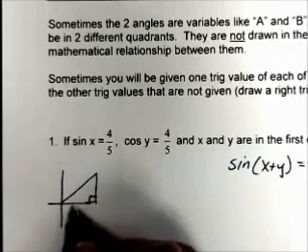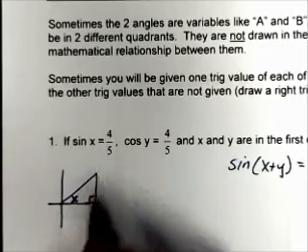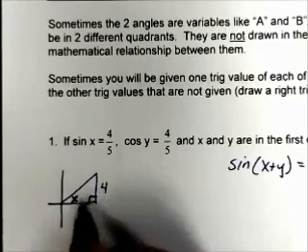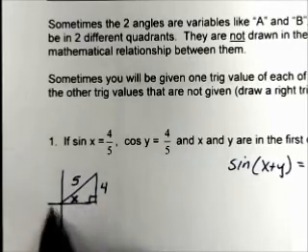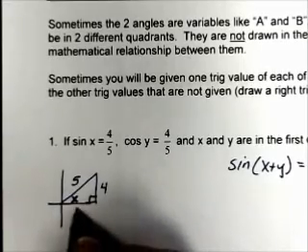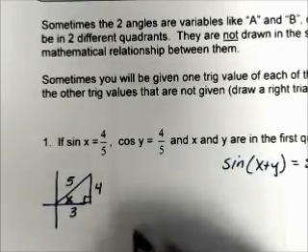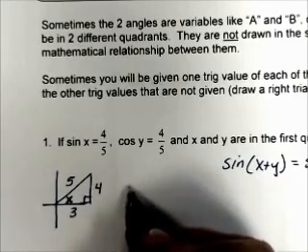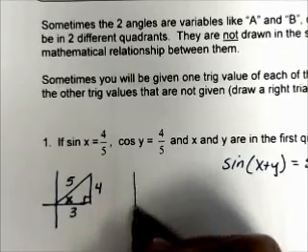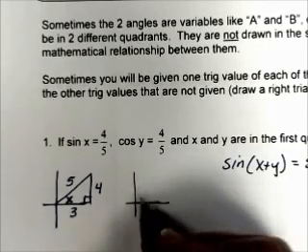So I would draw a right triangle in quadrant 1, right? Make sure you label this angle x. Sine is opposite over hypotenuse, so opposite 4, hypotenuse 5, and then the adjacent side would be 3. This is a 3, 4, 5 right triangle. And now the cosine of y, y being a different angle from a different triangle, although it is in quadrant 1, it's going to look the same.